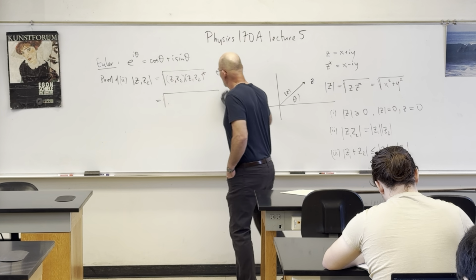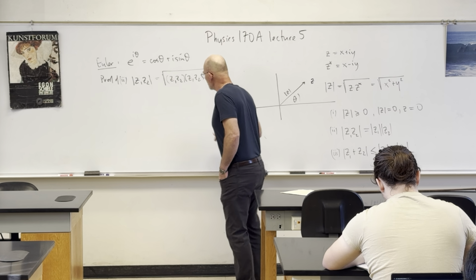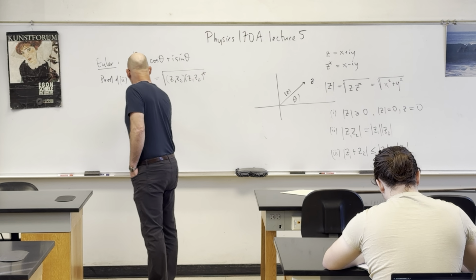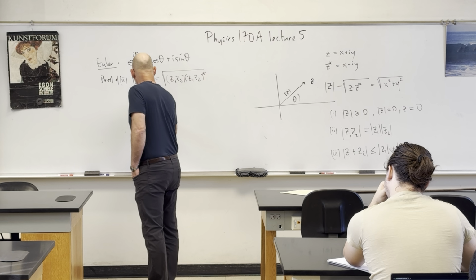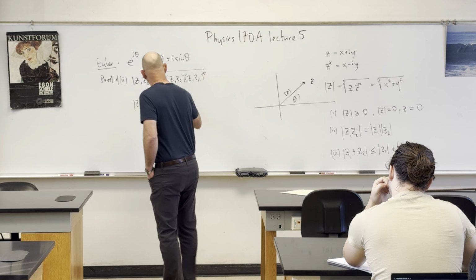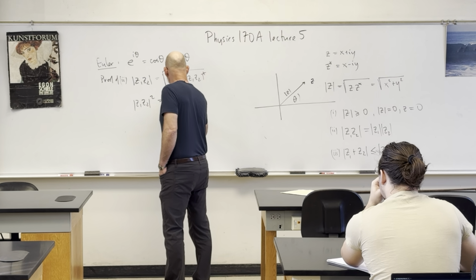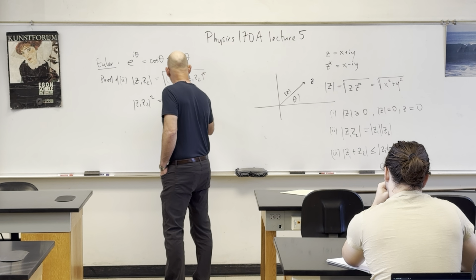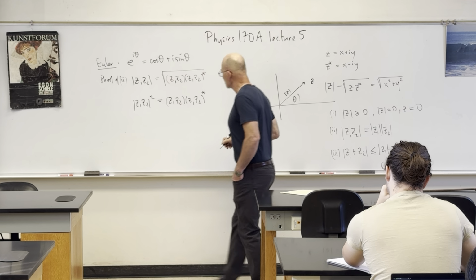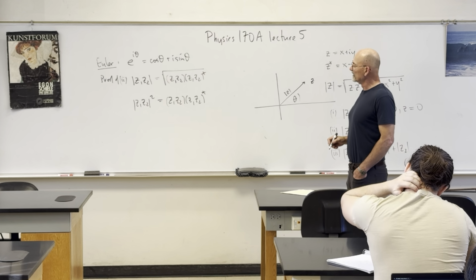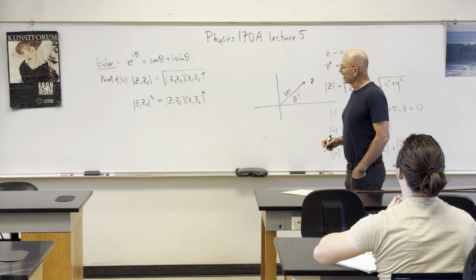Better to do this. So this will be equivalent to the magnitude of z1 z2 squared equals z1 z2 times z1 z2 star. I just square both sides, and then we get that equality.